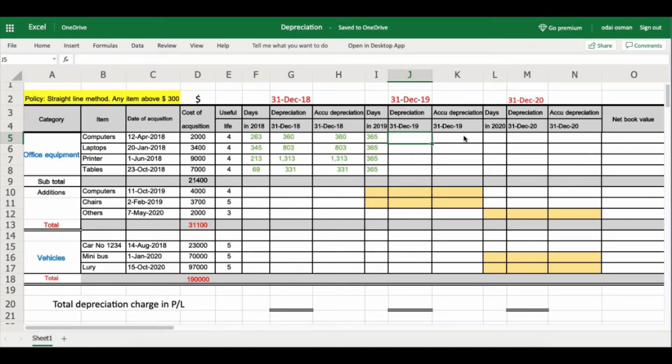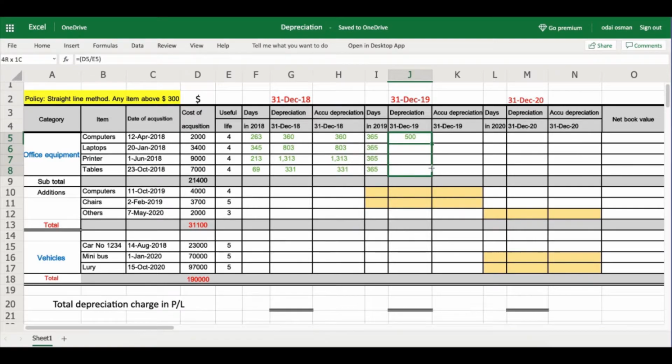So the depreciation charge on 31st of December 2019 would be equal, open the bracket, cost of acquisition divided by useful life, close the bracket, and hit enter. It gives us $500.